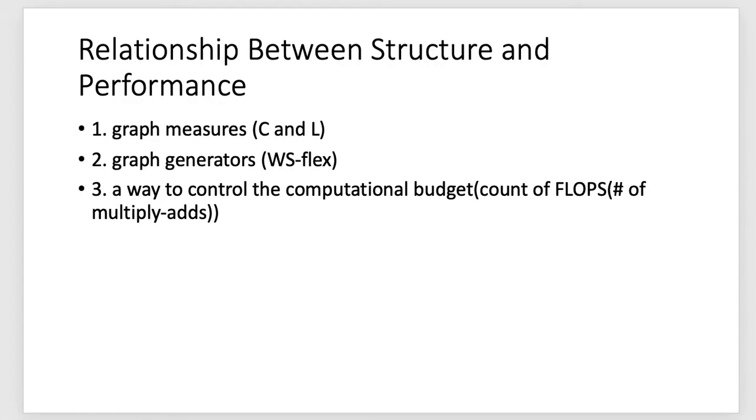So we have the definition of the relational graph, and we want to investigate how the structure of the model affects the performance. We have 3 more things to do. The first one is how we measure the graphs, how we compare different graphs.